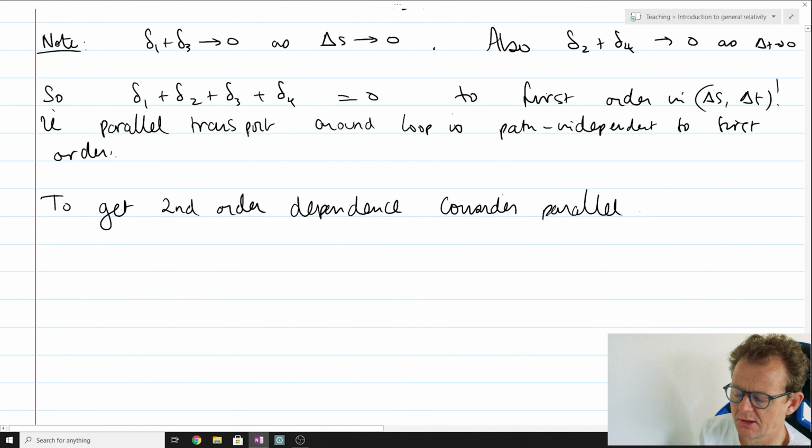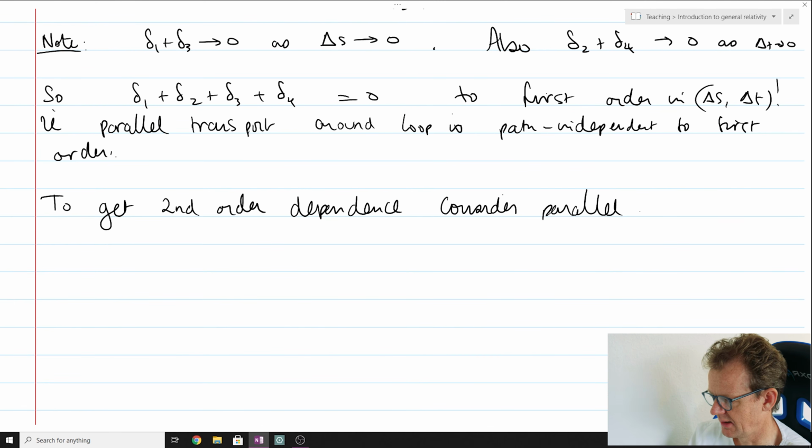So now our goal is to get the second order dependence of parallel transport, by explicitly isolating out the second order terms.